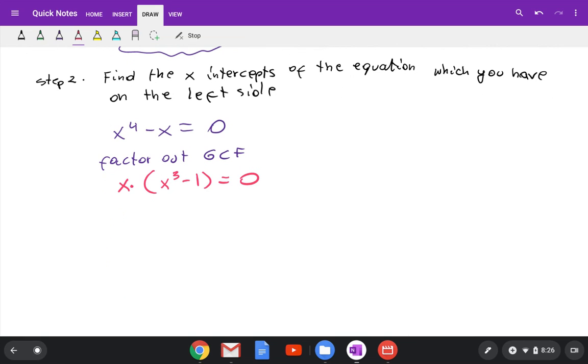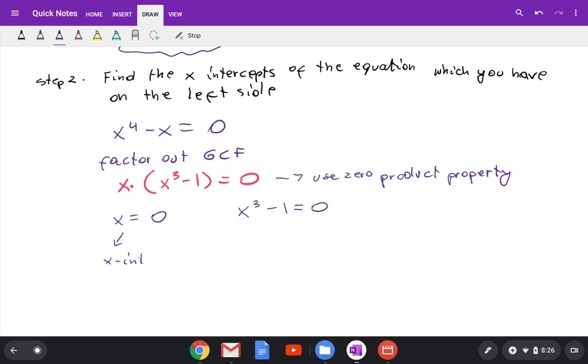So now when you have a product of two factors equal to 0, you're going to use zero product property, which means that x has to be equal 0, your first factor, or x cubed minus 1 is equal to 0. So x equals 0, it's already x-intercept. Here we need to solve it.